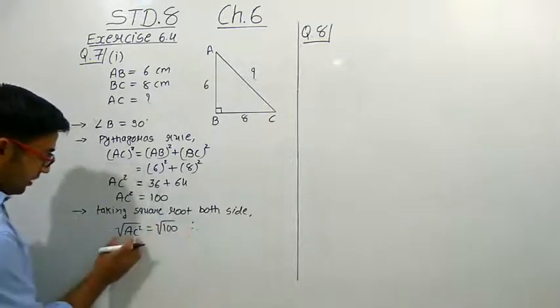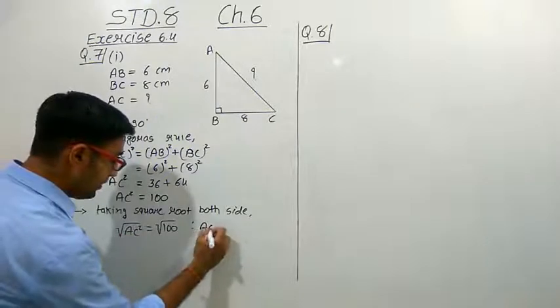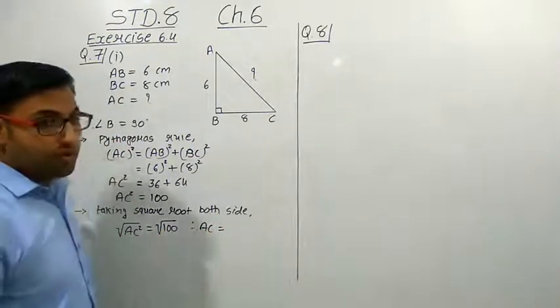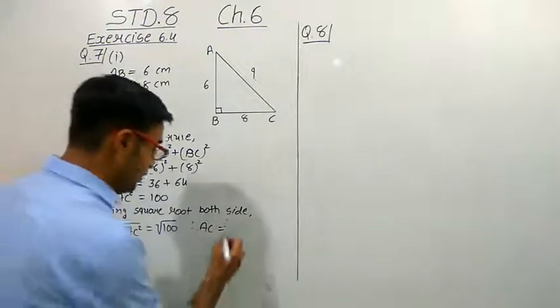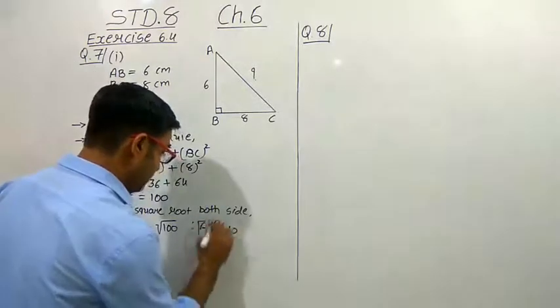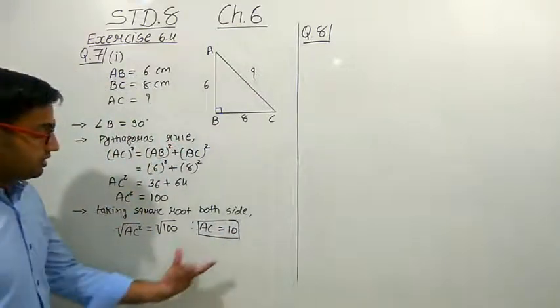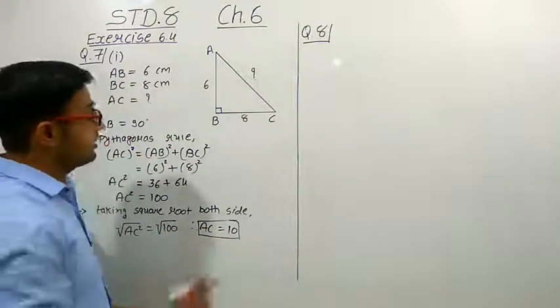Therefore AC will remain, and what is the square root of 100? That is 10. Yes, you remember this now. What is the square root of 100? That is 10. So this is the value of AC, the third side.